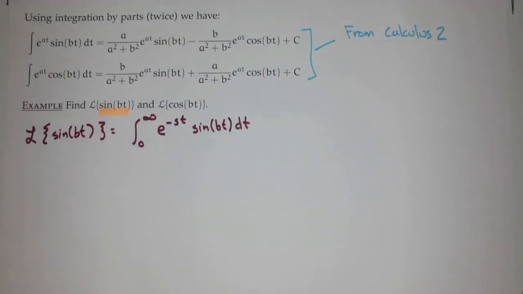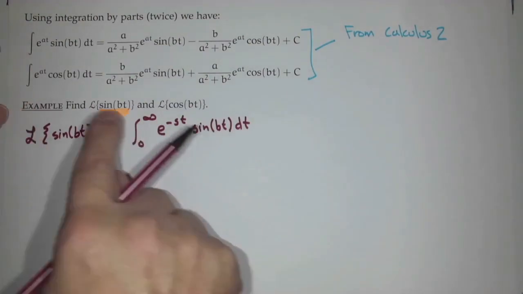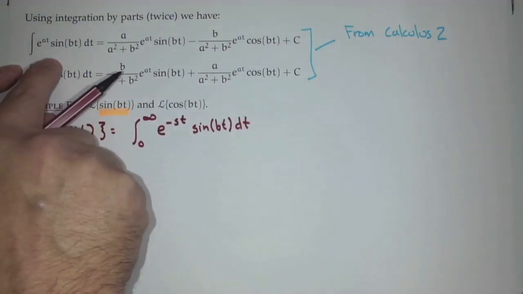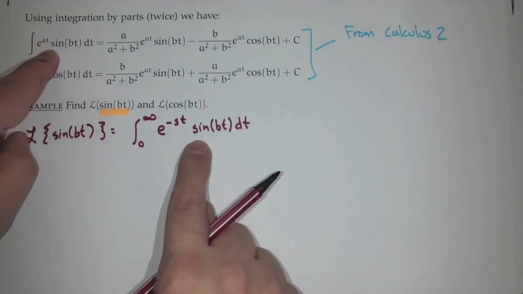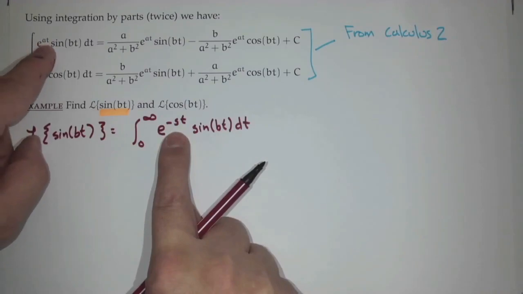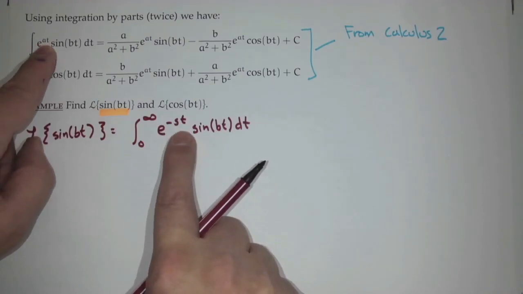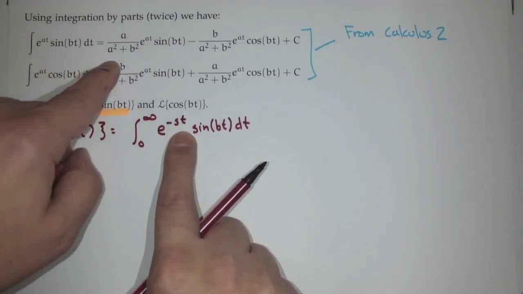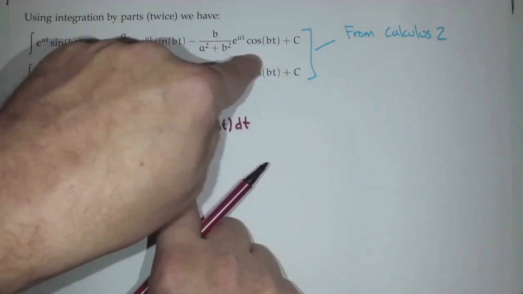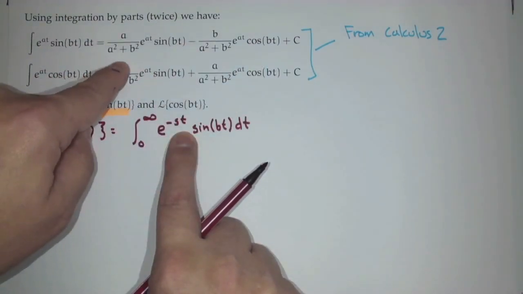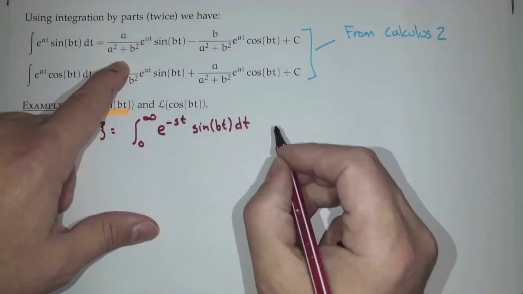All right. Next part. That looks like this part up here. The only difference is what we called a is now negative s. So I can write down the right-hand side, except wherever I see a, I write negative s.